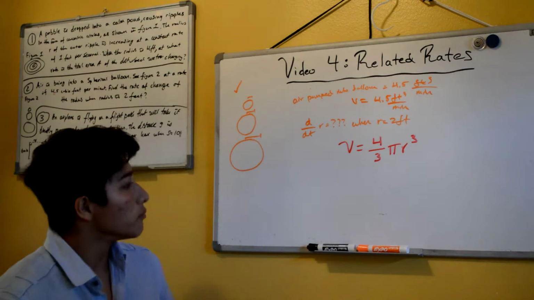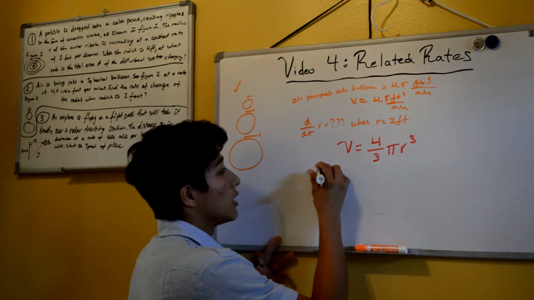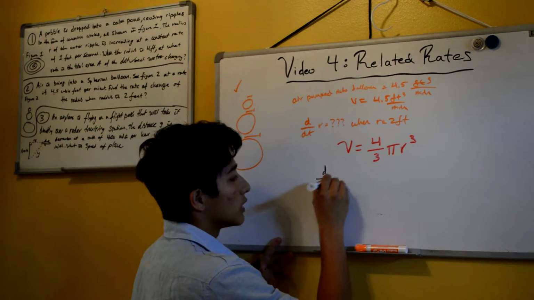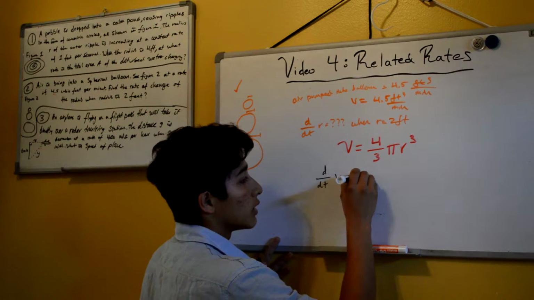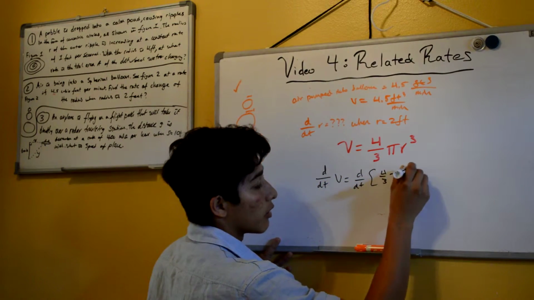Remember implicit differentiation: d/dt of volume equals d/dt of 4/3 pi r cubed.